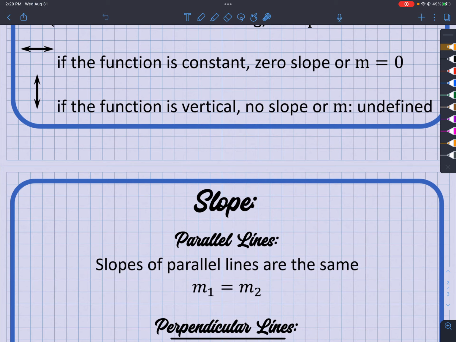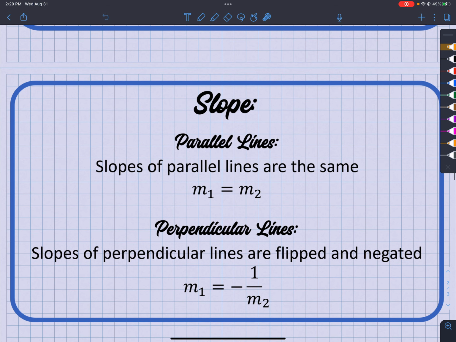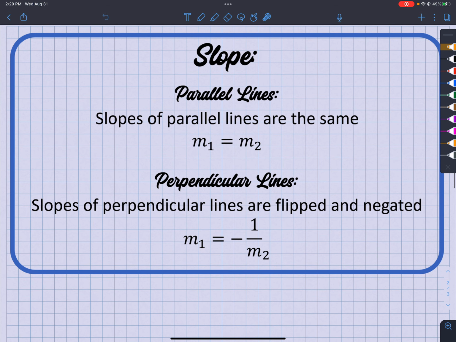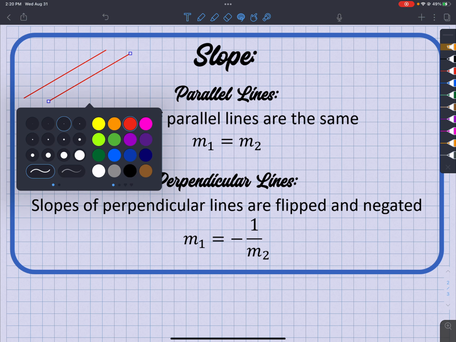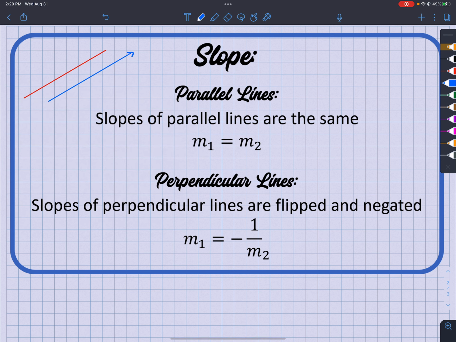All right, so parallel and perpendicular lines. If I had two lines that were parallel, it would look something like this, except obviously I would change the color so that it looks different.